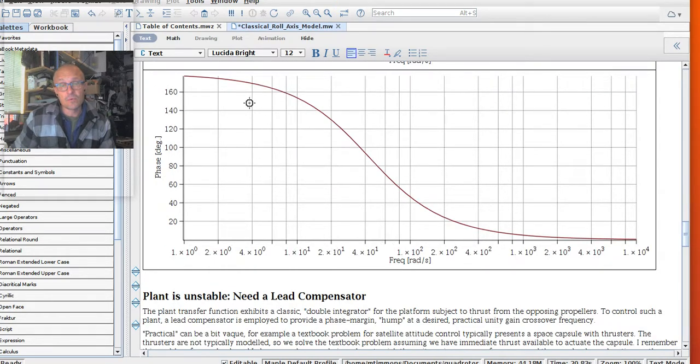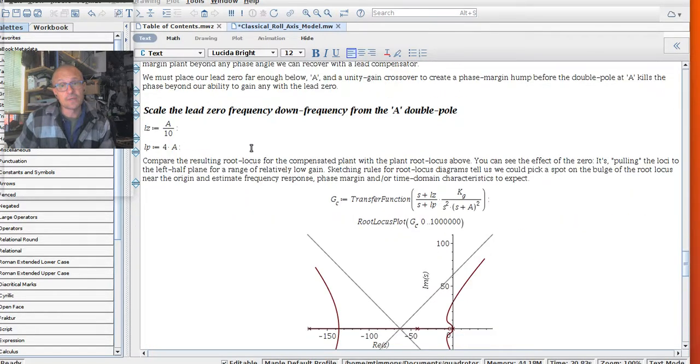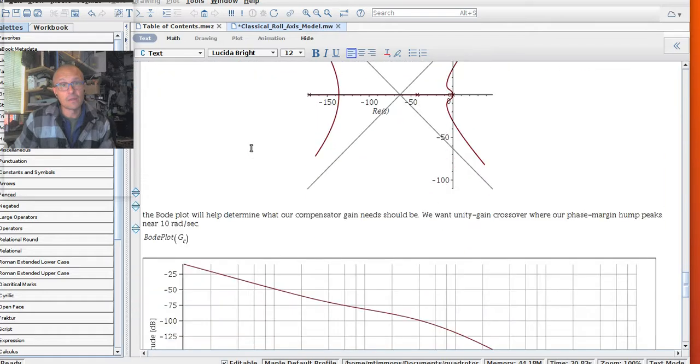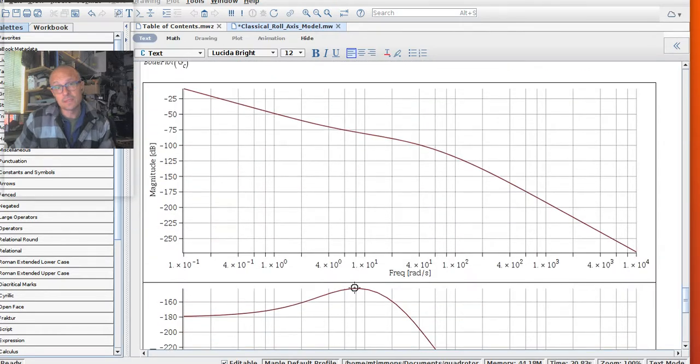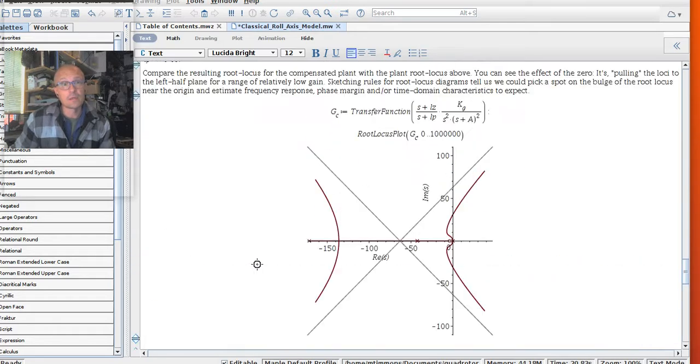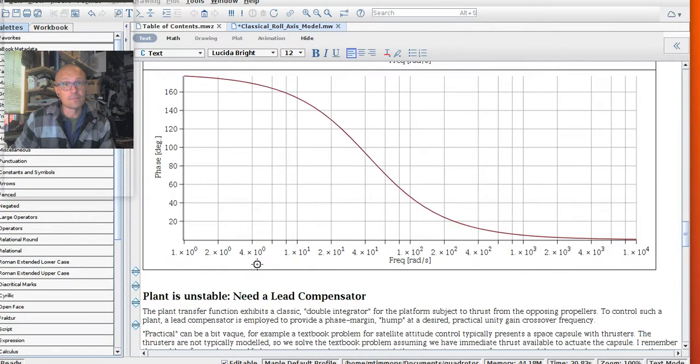That's going to move this precipitous decline in phase down in frequency, which is going to limit where we can put our lead. That's going to force us to put this phase hump lower in frequency. We're going to have a lower crossover frequency, a lower bandwidth of the system.